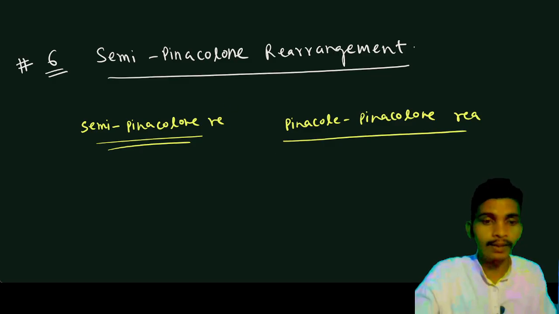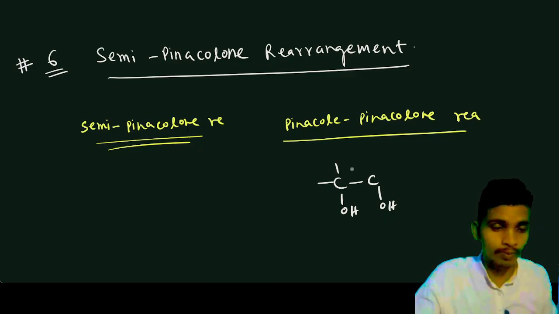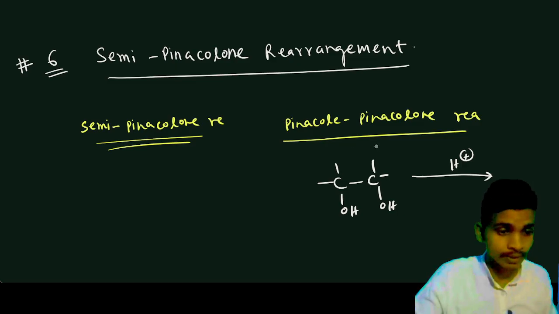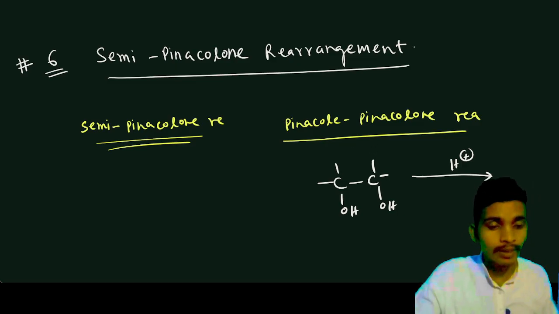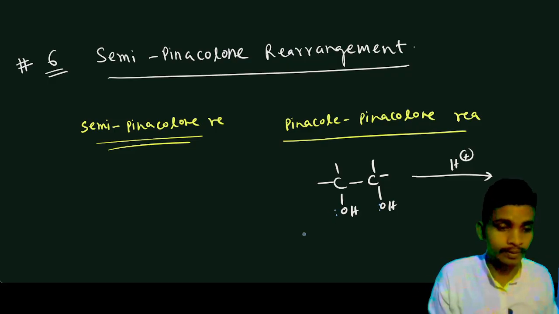In the pinacolone rearrangement, as I have already discussed, there are two carbons. Adjacent to two carbon atoms, two OH groups will be there, and some groups are attached. Here we work in acidic medium. This is the setup for the pinacolone rearrangement. The important thing is deciding which OH group will be protonated by the acid.